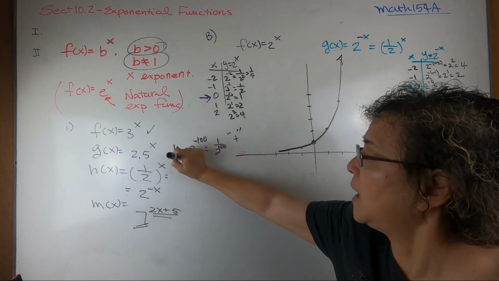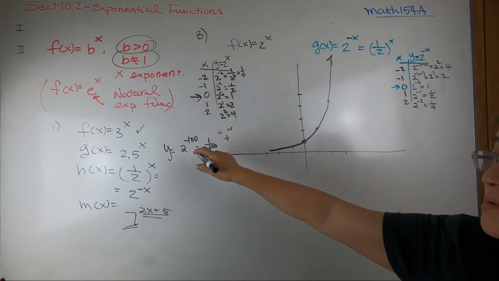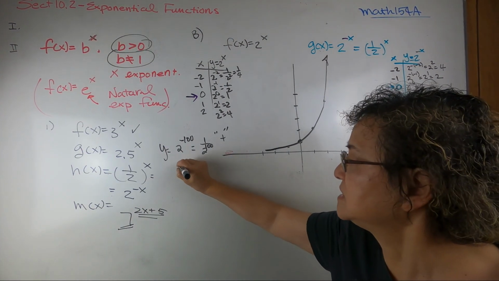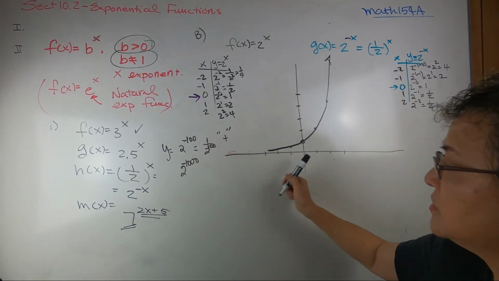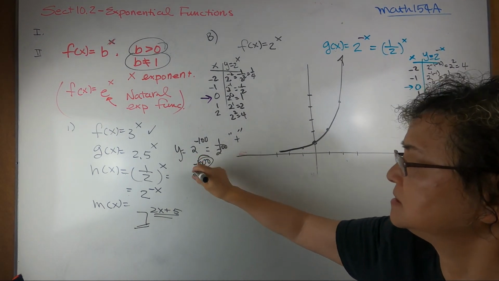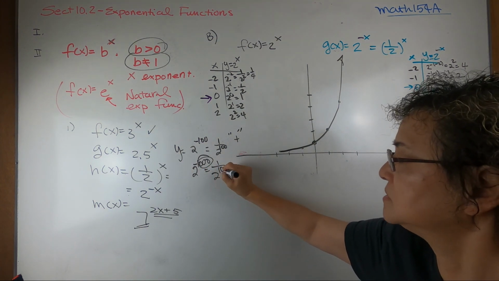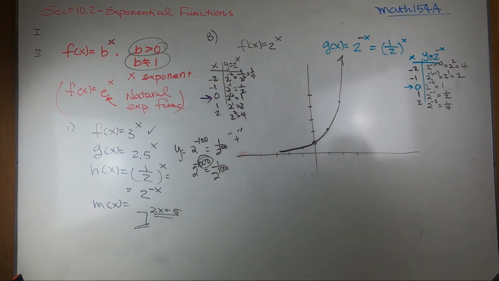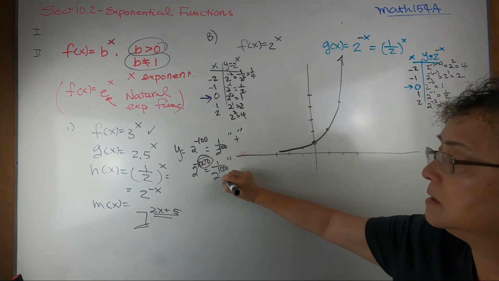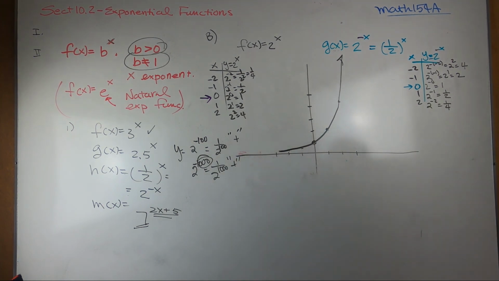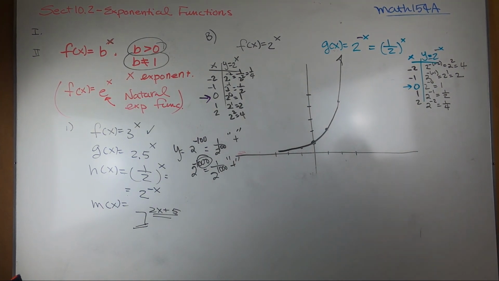So if x equals negative 100, okay, even say negative 1,000, it's 1 over 2 to the 1,000th power, so it's very tiny, but it's still a positive number.